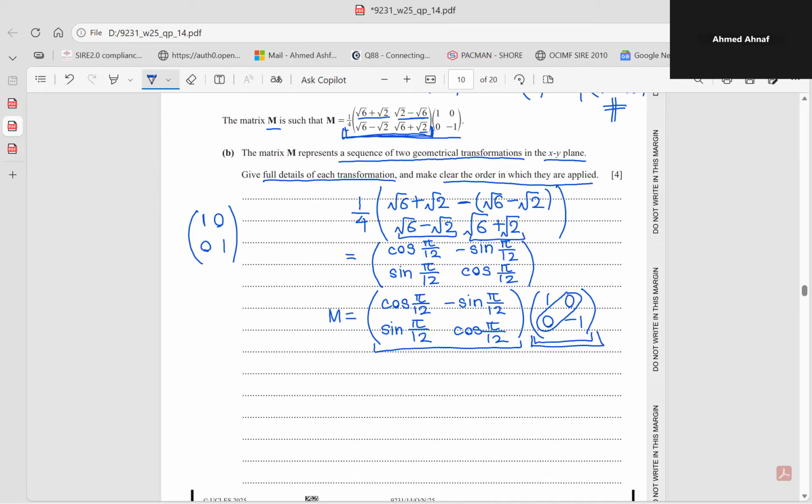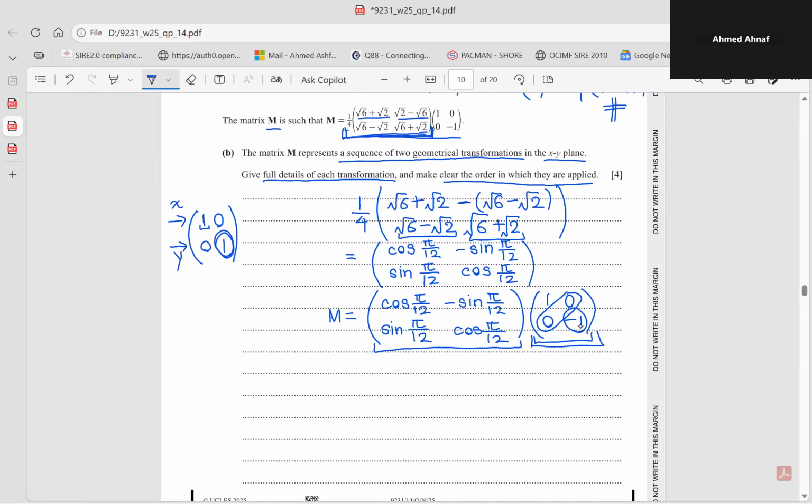Now let's look at which element is changed. We can see that this element right here is changed. Instead of 1, it's -1. If the element that's changed is in here, the stretch happened in the x direction, so horizontally. And if this number is changed, the stretch happened in the y direction, so vertically.